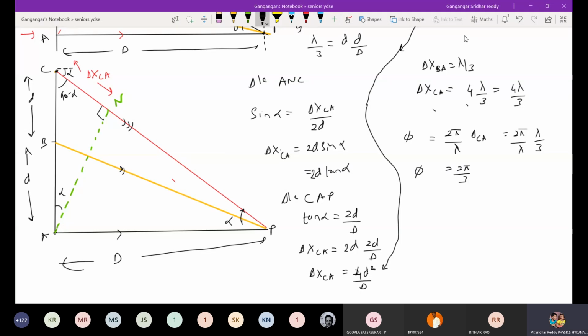Those who took a screenshot, just note. This will be 2 pi by 3. Similarly, we'll calculate the phase difference between CA, that one. So this will be 2 pi by lambda into path difference delta XBA.